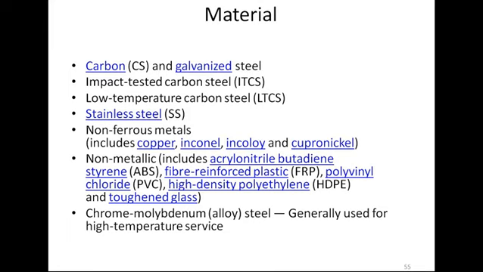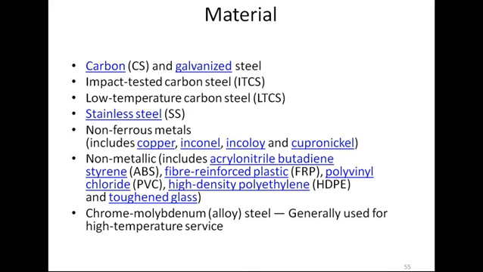So here we are going to see the materials, because the material is very important while selecting pipe joints. Carbon and galvanized steel is one material we can use. Also we can use impact tested carbon steel. Then low temperature carbon steel. Also we can use stainless steel.